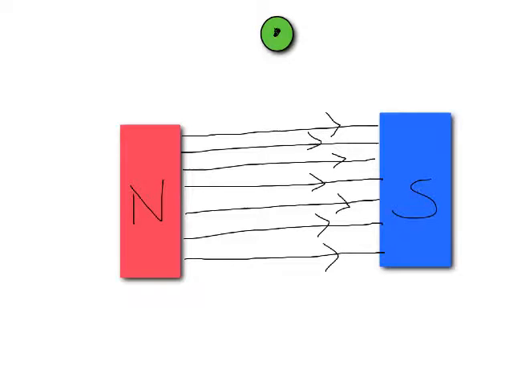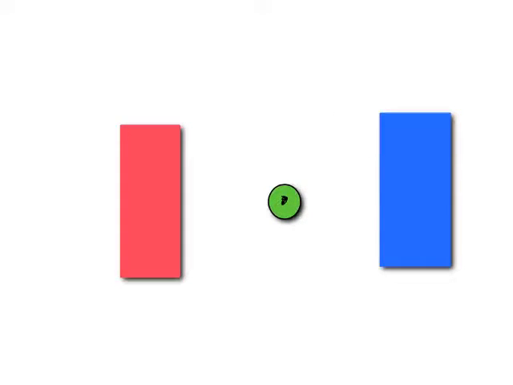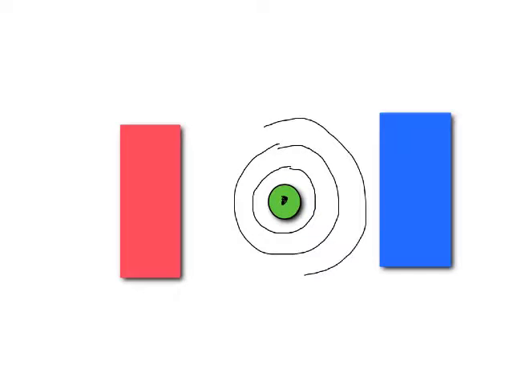Let's look at the second magnetic field for the wire we place inside. A current carrying wire has field lines shaped as concentric circles around the wire, like this.